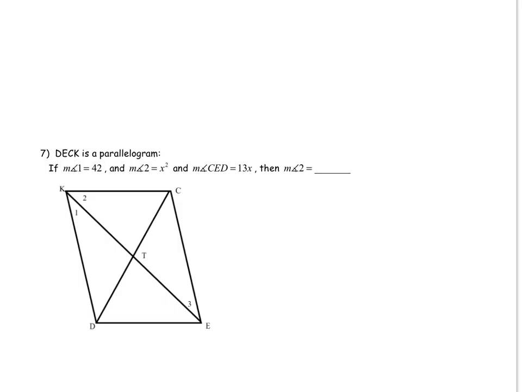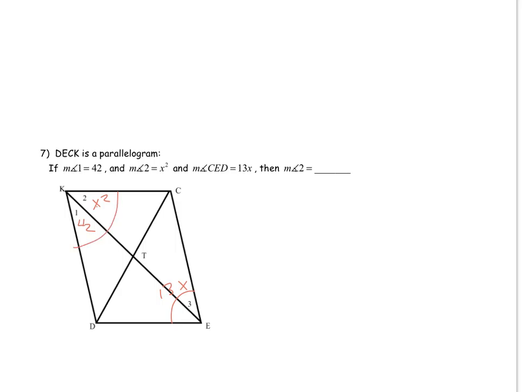Okay, in number 7, we got parallelogram DECK. Angle 1 is 42. Angle 2 is x squared. Angle CED, this whole thing, is 13x. So this whole angle is equal to this whole angle.